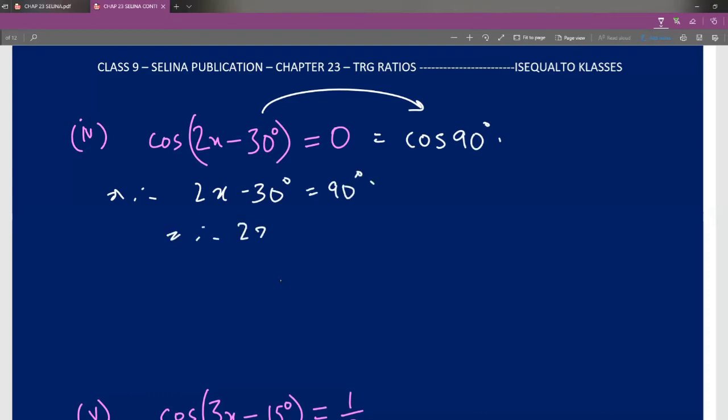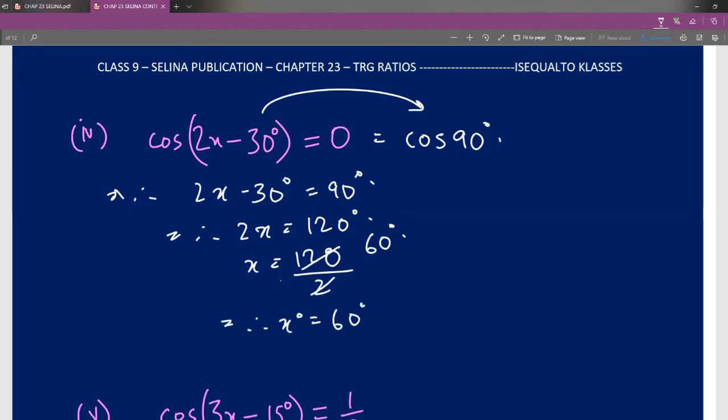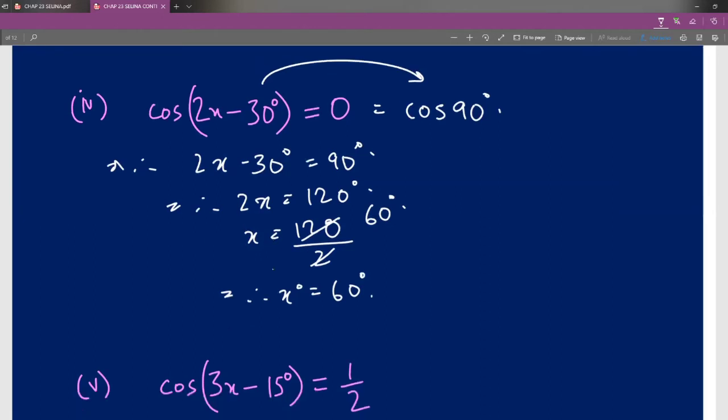Therefore 2x is equal to, minus 30 goes to the RHS and becomes plus 30, so therefore 90 plus 30 is equal to 120 degree. x is equal to therefore 120 by 2, that can be written as 60 degree. So therefore x degree is equal to 60 degree. Okay, moving on to the next subpart.